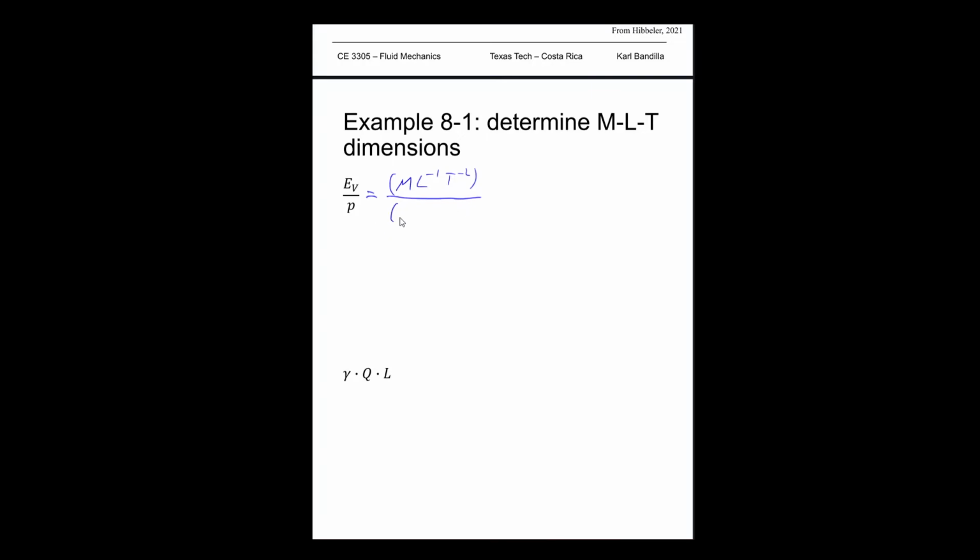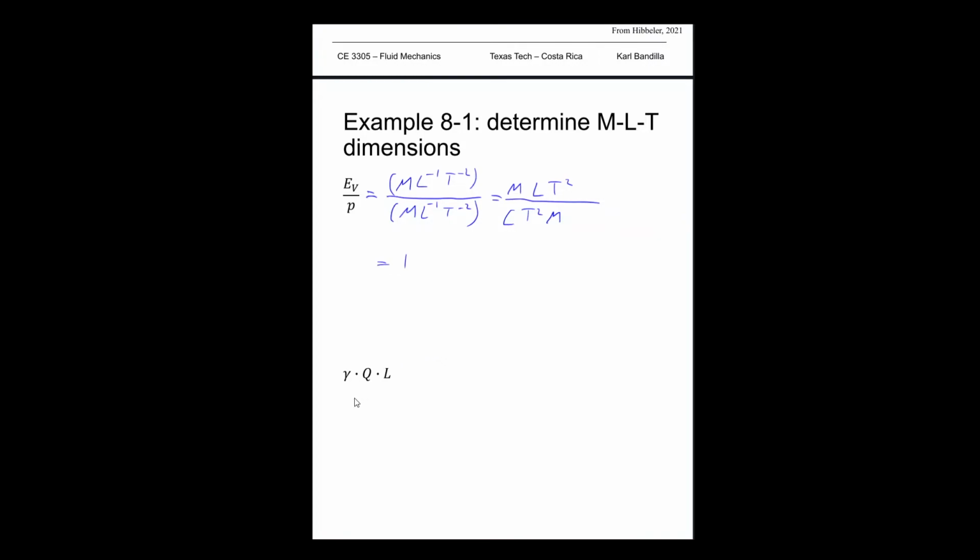And, well, pressure is given to us as the same thing. That already says it has to be dimensionless, but just write it out like we did before. So we can say that'd be M L T squared over M L T squared. Of course, that is just equal to 1.